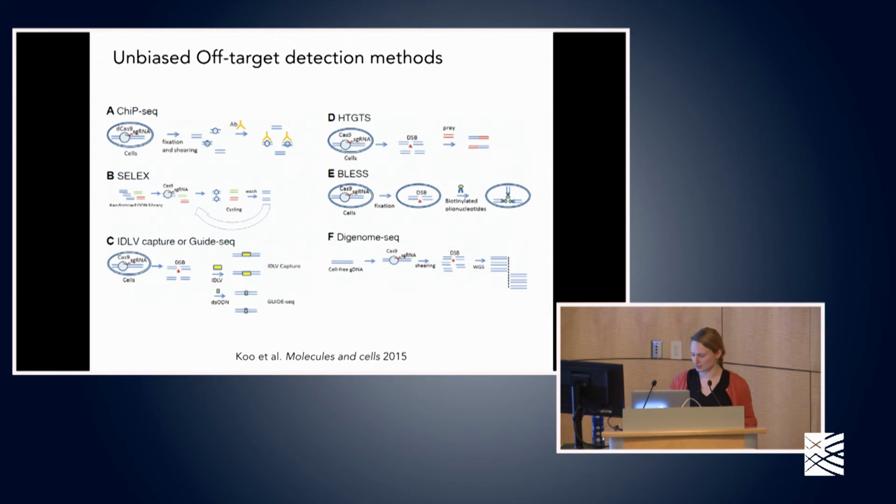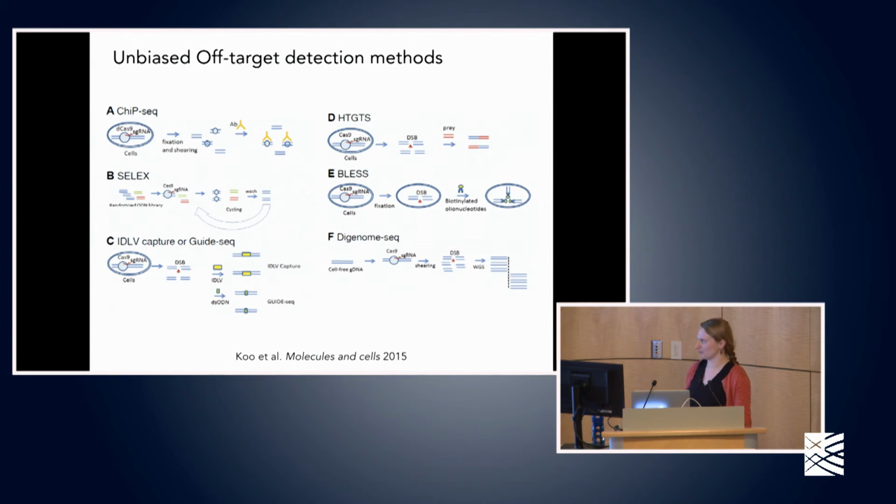In some cases, it may be important for you to know the entire landscape of off-target cutting. To do this, one way is through unbiased off-target detection methods, and there are several that have been reported in the literature.